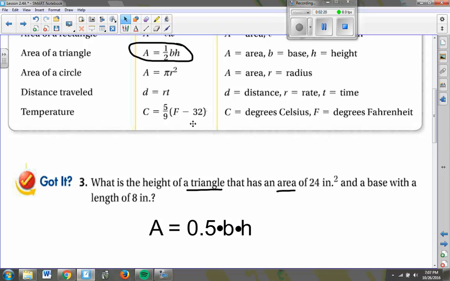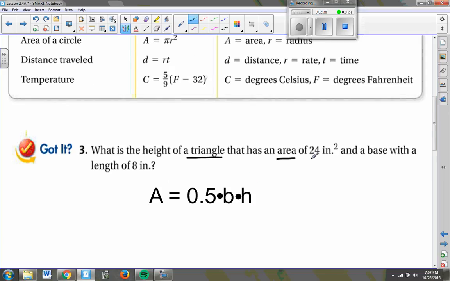When we read a question like this, the questions in our practice problems are going to ask us for something. Here it's asking for the height. We don't know the height, but they want us to figure it out. They give us that the area is 24, so 24 goes in for the area, and the base length is 8.